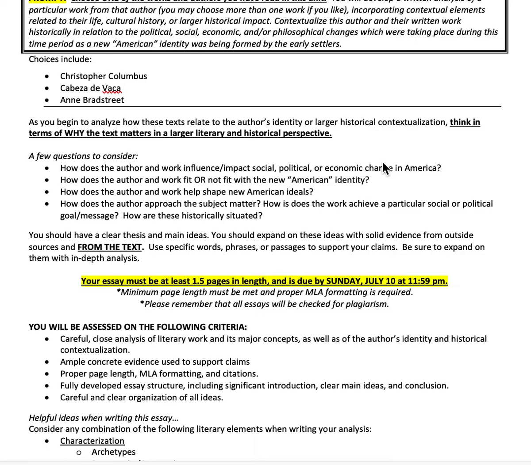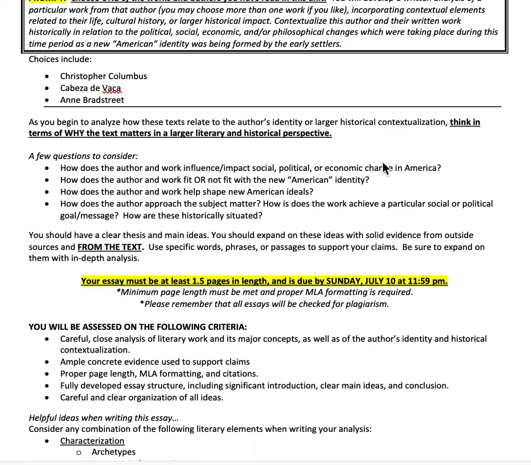It's certainly not the same way that Columbus describes them. So why does that matter? What is his message? Then pull in specific evidence. If you're going to tell me that he describes them as people with cultural history, and that there's a familial bond between mothers and children, give me the quote that shows that.